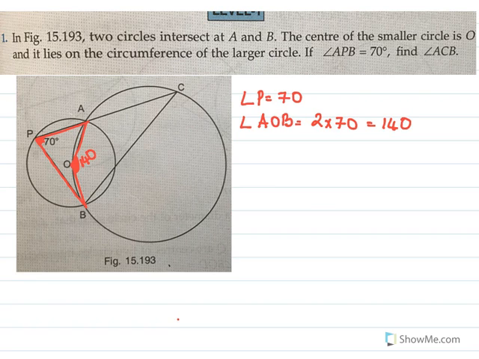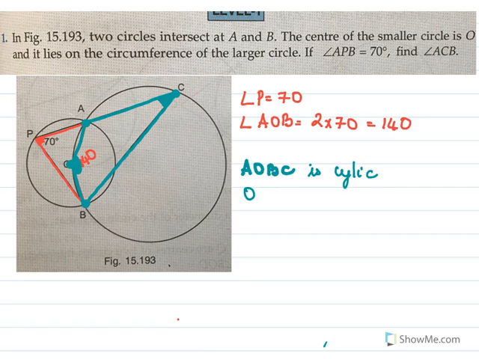Now let's look out for a cyclic quadrilateral, that is AOBC is cyclic. Let's trace it. Here this is cyclic, and in a cyclic the opposite angles are 180. Angle O and angle C are 180. So we have AOBC is cyclic.